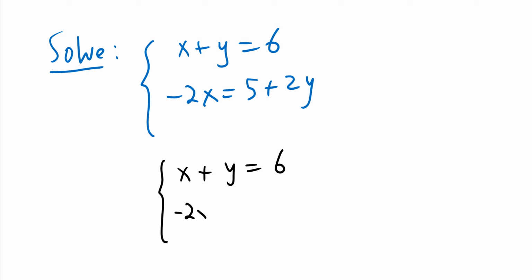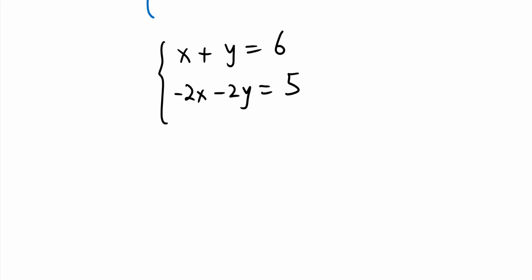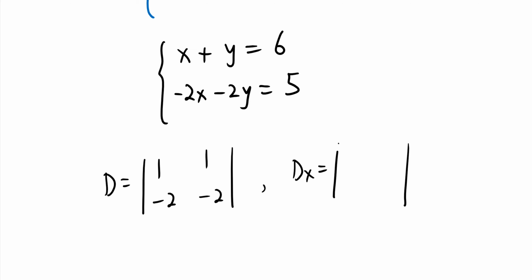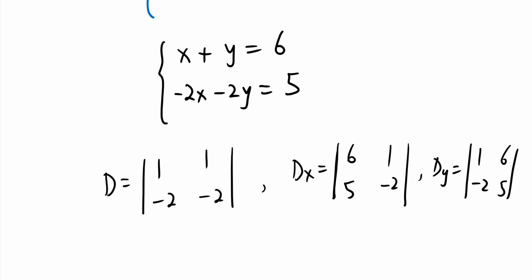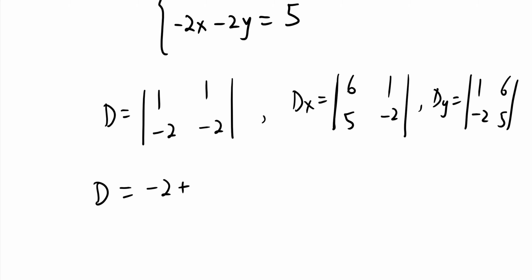So this is okay here, but you need to subtract 2y on both sides, equals 5. So now D equals 1, negative 2, 1, negative 2. Dx: 6, 5, 1, negative 2. And Dy: 1, negative 2, 6, 5. Let's calculate this. Negative 2 plus 2. Oh wait, that's giving us 0.